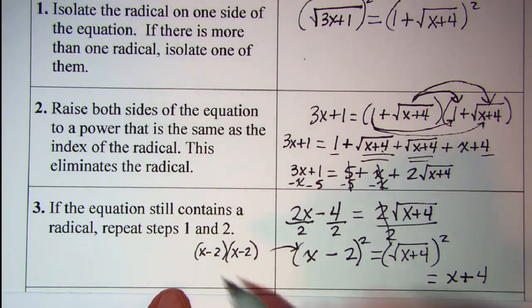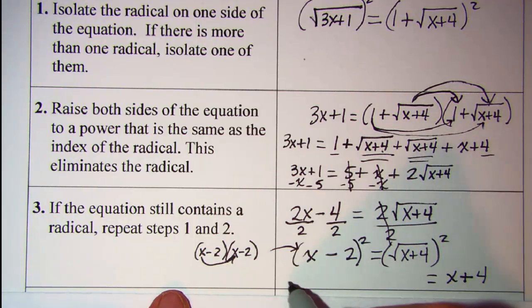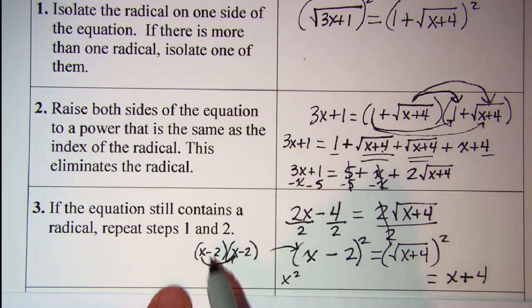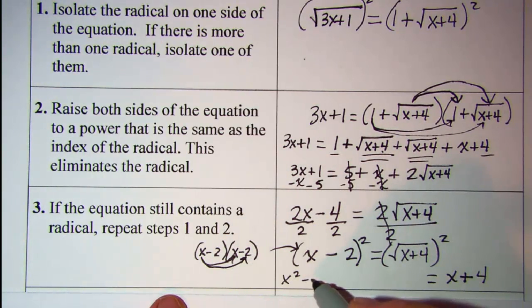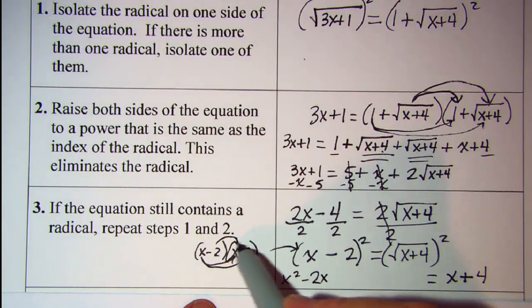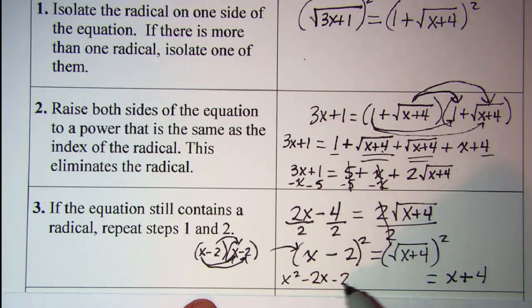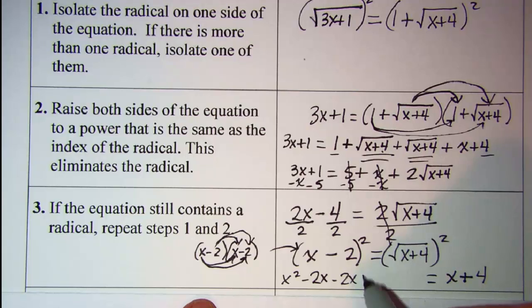X times x is x squared. X times negative 2 is negative 2x. And then negative 2 times x is negative 2x. And negative 2 times negative 2 is positive 4.